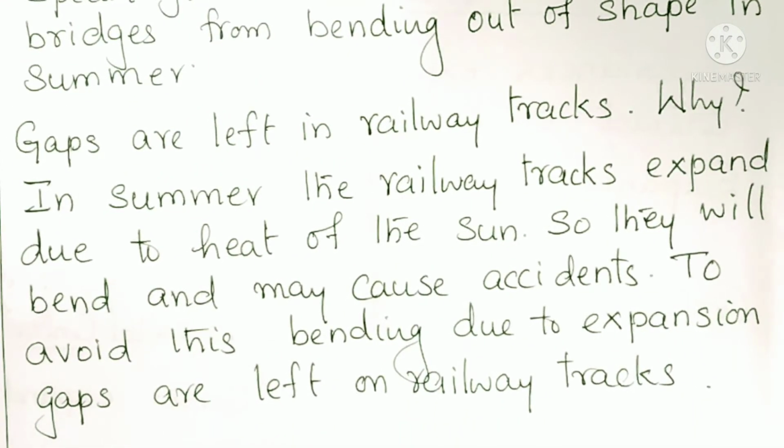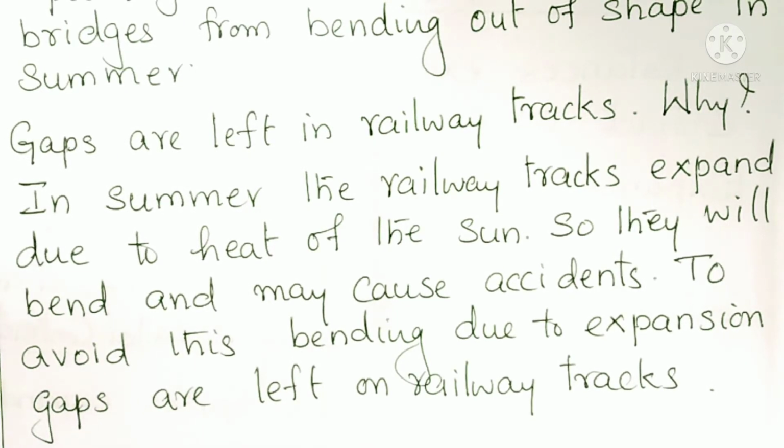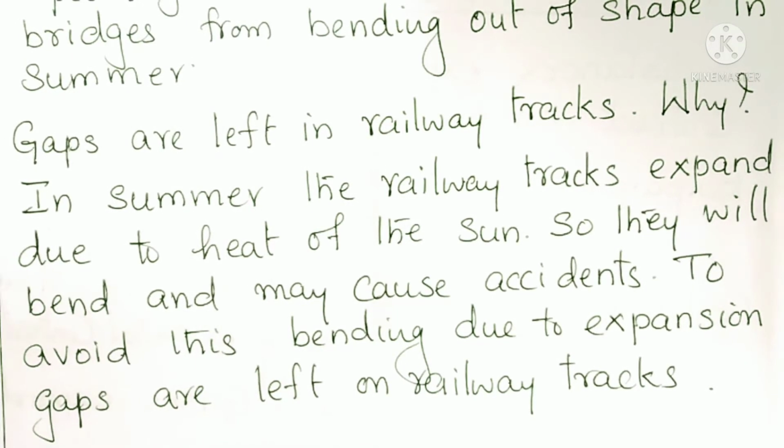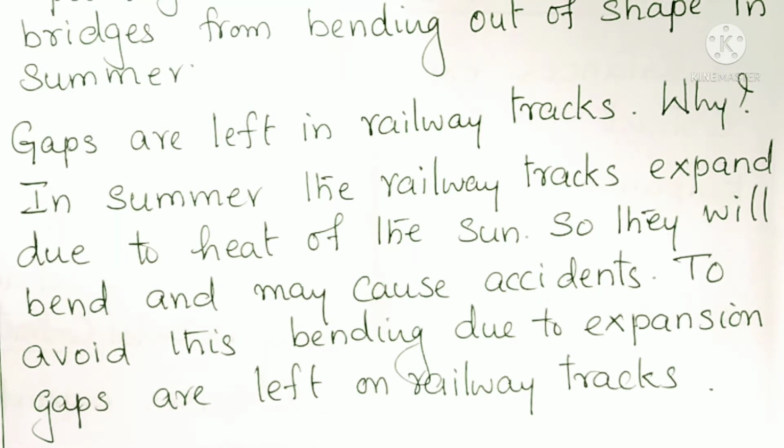Now, this is a very important thing. If you observe the railway tracks, in between there is some gap left on the railway track. Have you ever thought why? Because when it is too hot, the tracks are made up of iron.